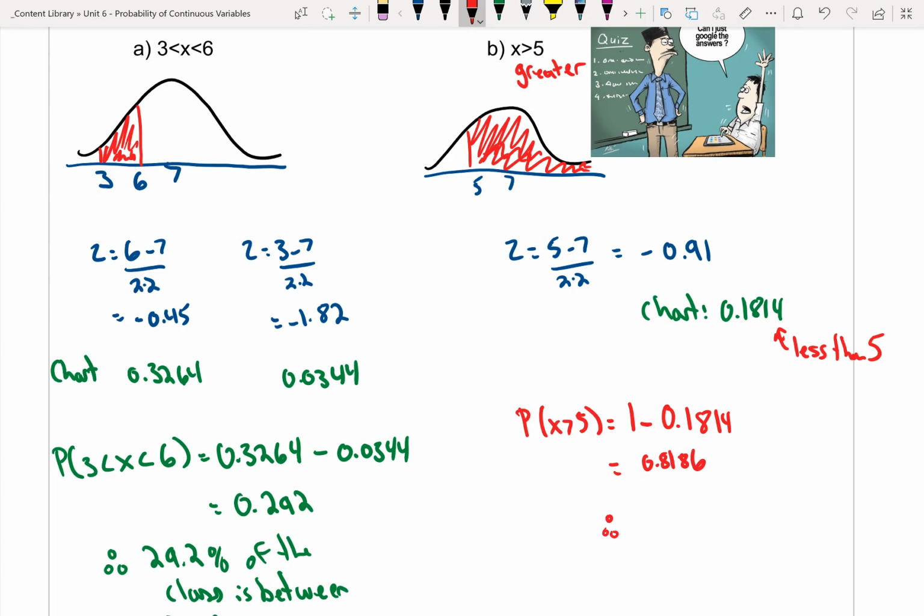So therefore 81.9% will score greater than 5. So if we're looking for something greater, we have to use the indirect method and subtract it from 1, because our z-scores only tell us the probability for less than or below our value.